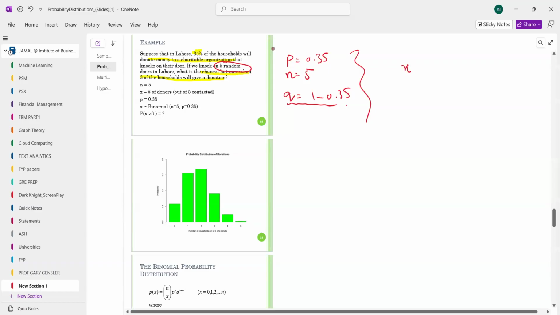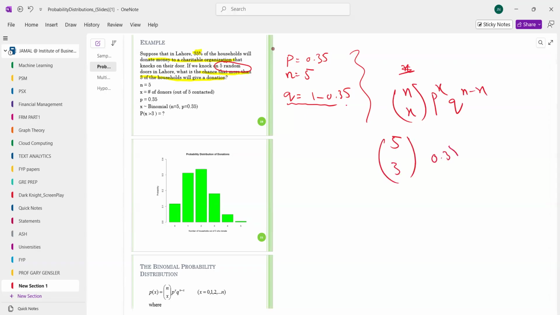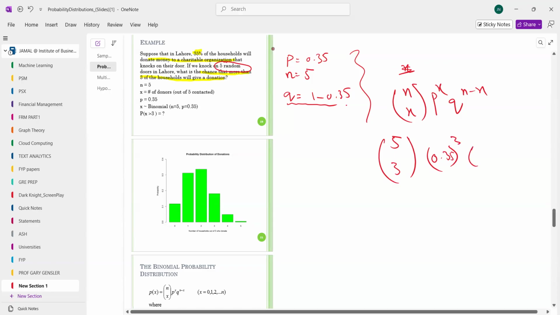So nCx p raised to the power x, q to the power n minus x. Here in this case we have 5C3, p is 0.35, and q's exponent is 5 minus 3, which is going to be 2.